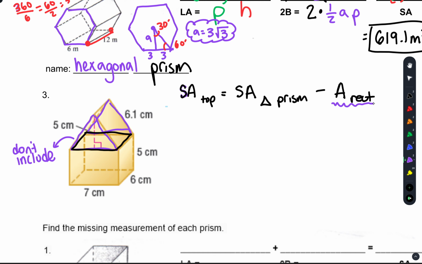I'm going to squiggle a line under it because that's our special part here. Surface area of this prism, just like normal, is the perimeter of the base. That base is a triangle. Each leg of that triangle is 6.1, and then the base of this triangle is 7. Not 7.1, just 7. So 6.1 plus 6.1 plus 7 is 19.2 as my perimeter.